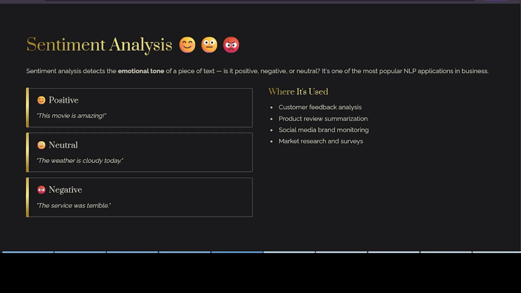Companies use sentiment analysis extensively. For example, Amazon analyzes product reviews, restaurants analyze customer feedback, airlines study passenger complaints, and brands monitor social media. Instead of reading millions of comments manually, NLP automatically tells whether the people are happy or unhappy.